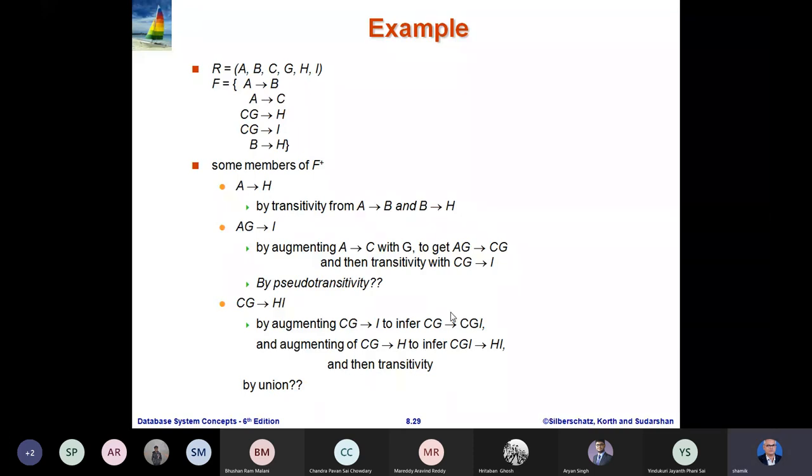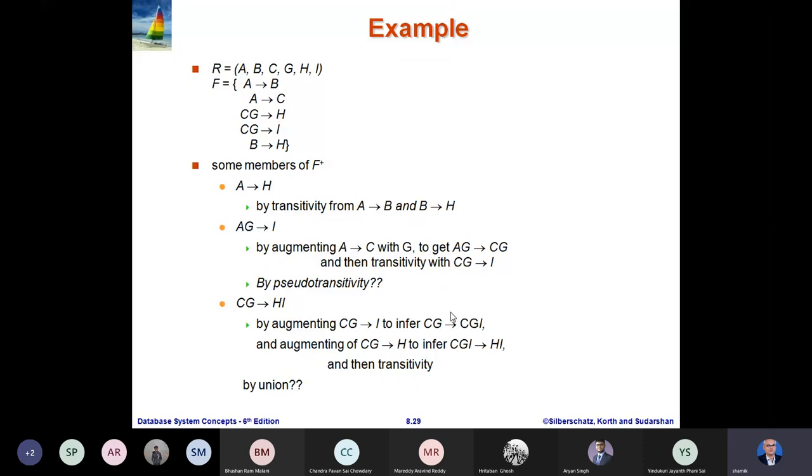Now, we also see that A to C holds, and if we augment with G, then AG to CG will also hold. And we already have CG to H and CG to I. So from A to C through augmentation, we get AG to CG. Now AG to CG and CG to I, by transitivity we get AG to I.